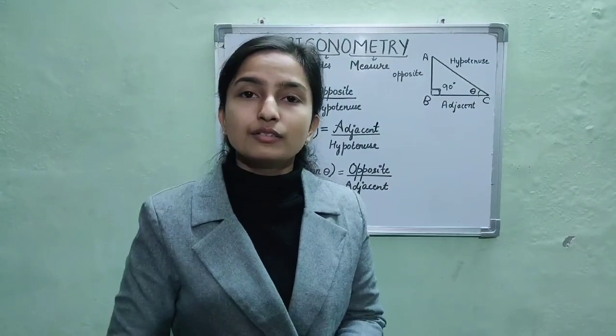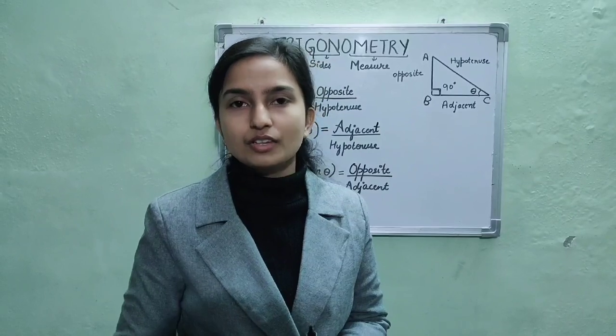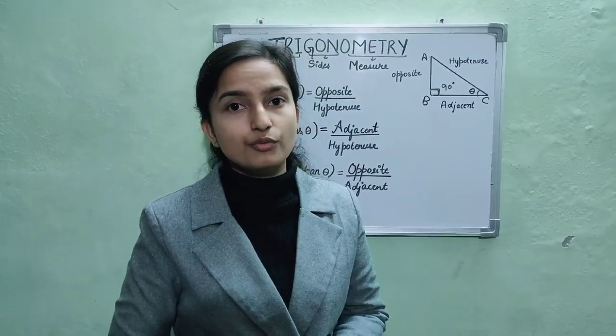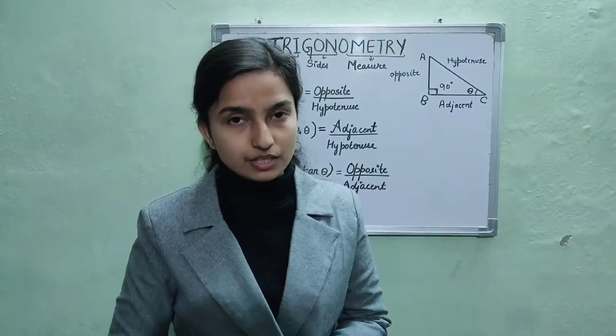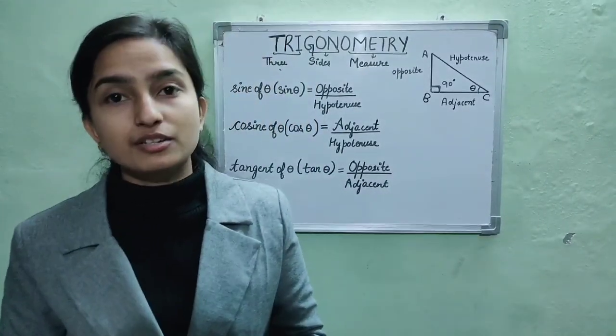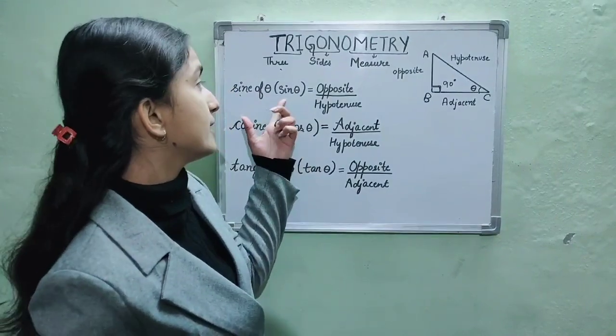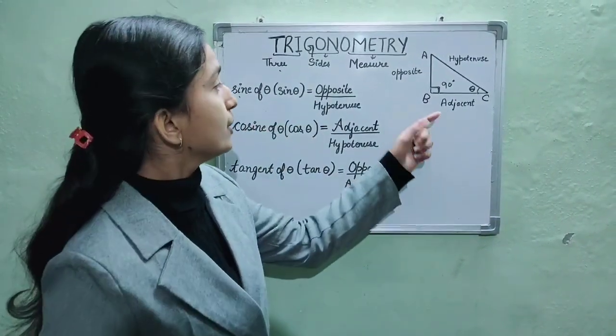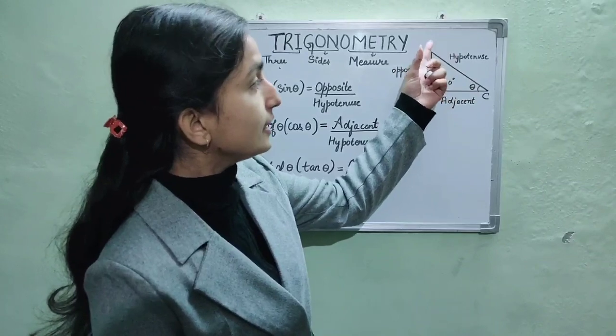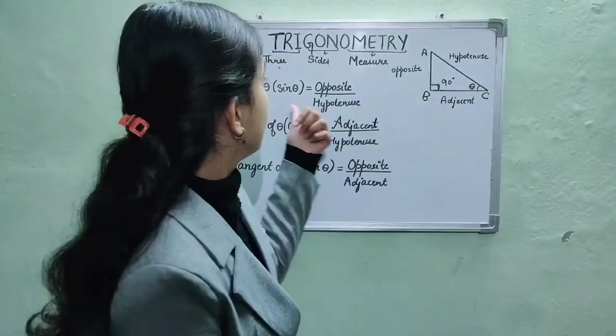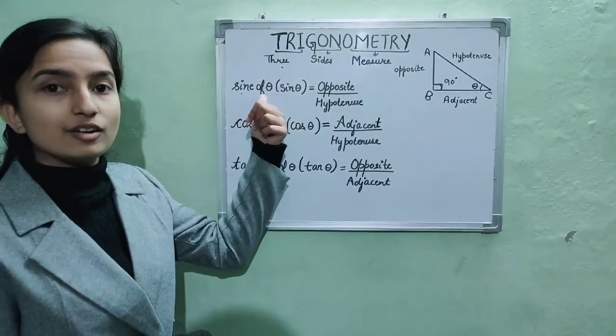Alright, so now there are three basic trigonometric ratios, and we are going to learn about them in this video. Our first trigonometric ratio is sine of angle theta, or we can simply write it as sin theta. When we divide the opposite by the hypotenuse, the ratio is sine of angle theta.